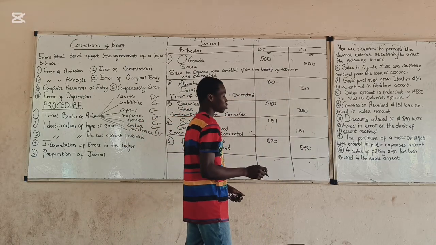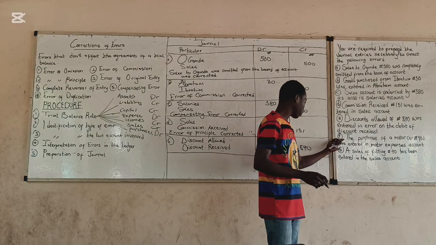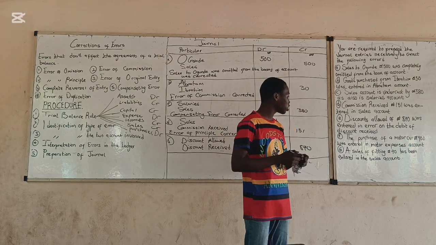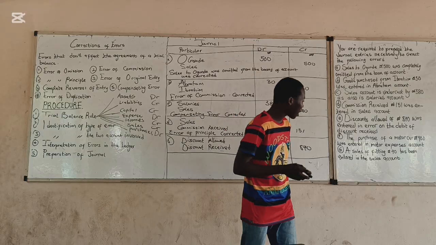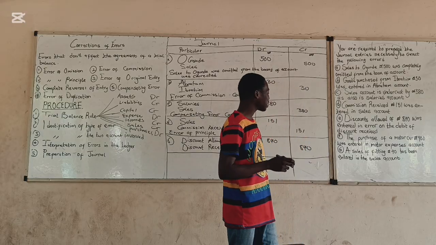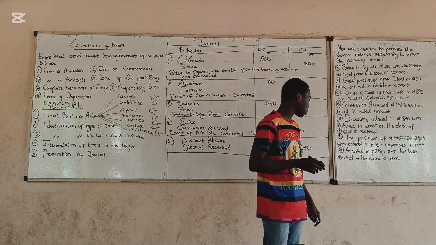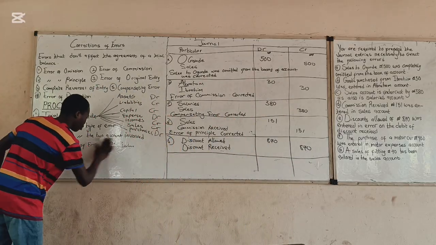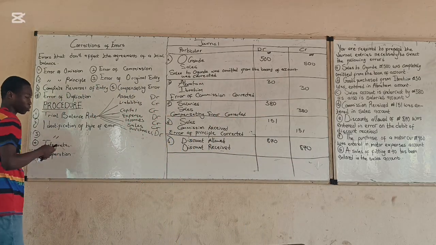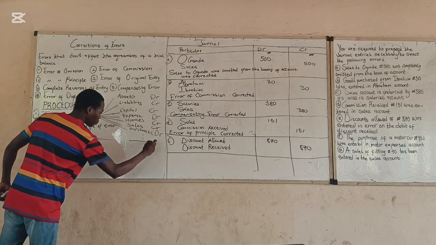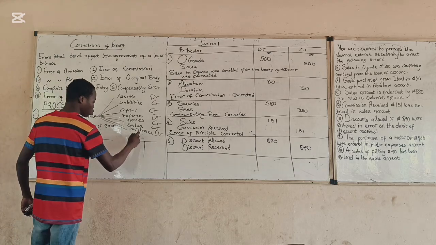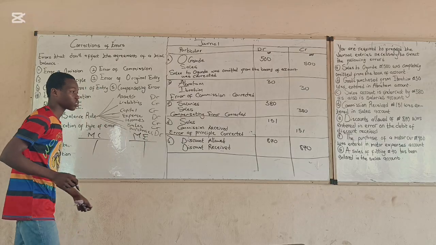So I'm going to stop at F. Now, this next one says the purchase of a motor car, 900 naira, was entered in motor expenses account. So this was happening here now. We have two accounts. This is for motor car, and this is motor expenses.